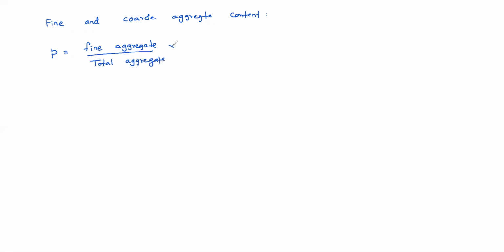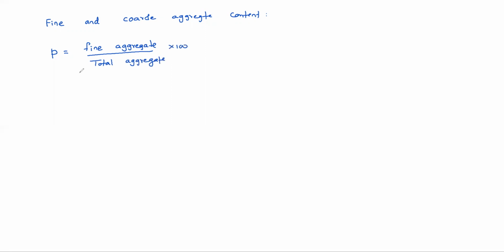Now the fine and coarse aggregate content. First we will see fine aggregate. You know P is there with us. P equals fine aggregate by total aggregate into 100.